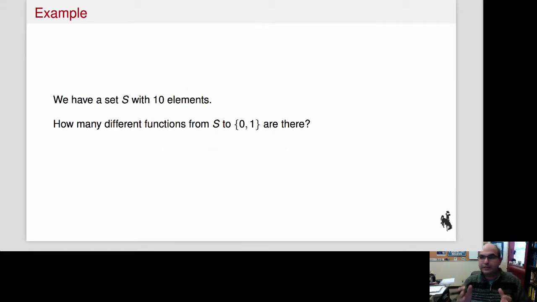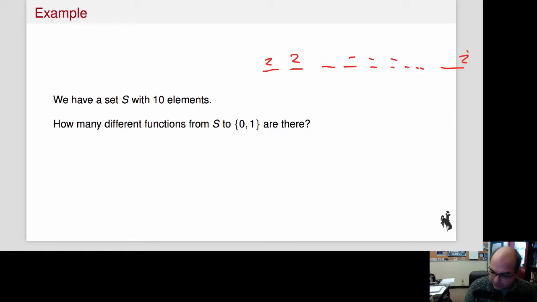So I have a set here with 10 elements, and the question is how many functions from that set to {0, 1} are there? Now again, we've done this before, right? So here are 10 elements, and I can choose 2 ways to assign the first element, 2 ways to assign the second element, and so on, and end up with 2 to the 10th.